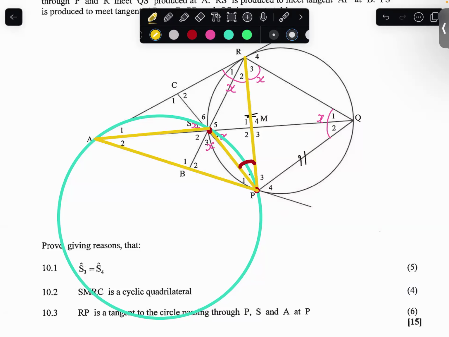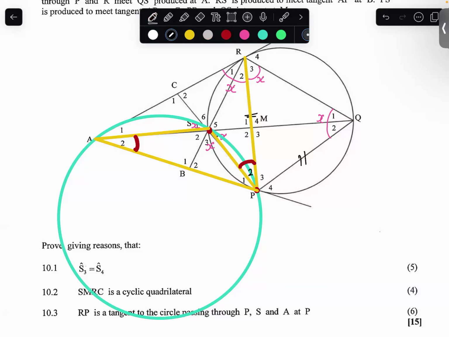So in order to prove that RP is a tangent, I have to prove that the angle between the tangent and the chord of the circle is equal to the angle that the chord subtends in the opposite segment. So basically, I need to prove that P2 is equal to A2. That's what I need to prove.